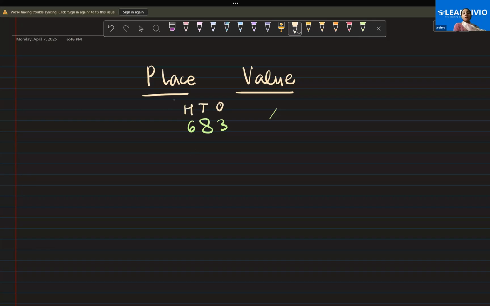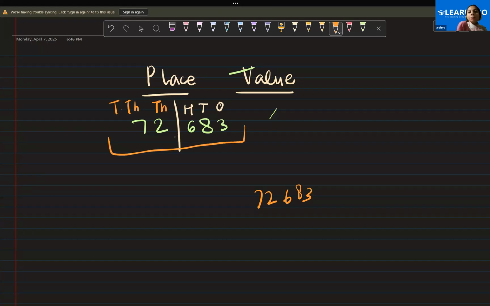And let's also add thousands and 10,000s here. Let's add 72 here. So this I'll add thousands, and this will be my 10,000s. Now, if I wrote this number something like 72683, this still looks like a big number, but with the help of this, I can put a comma, right? So hundreds, tens, and ones. After I'm done writing these three numbers, I'll just place a comma here.